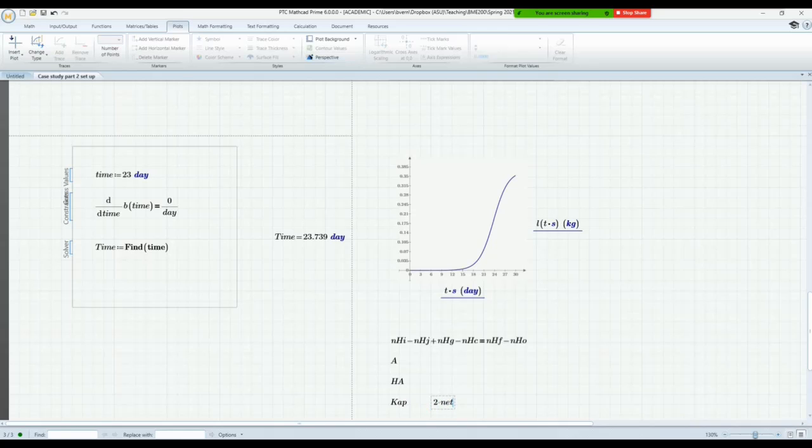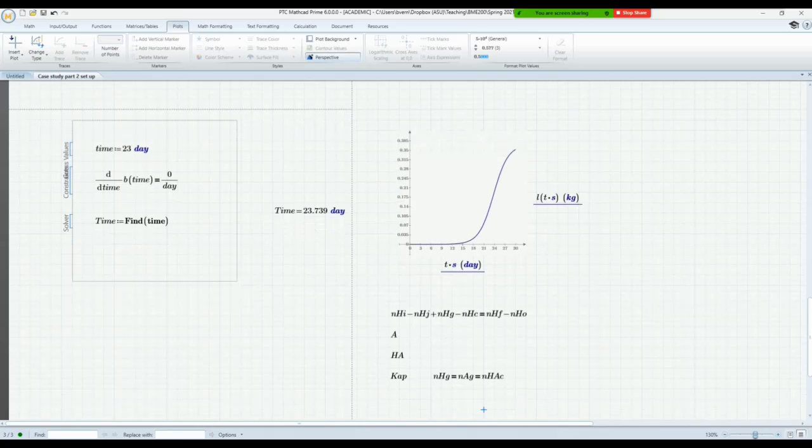If you remember, the two net equations are basically, in this case, that the number of H generated or consumed is going to be equal to the number of A's generated, which is equal to the number of HA's consumed, or vice versa, depending on which direction the reaction's going.